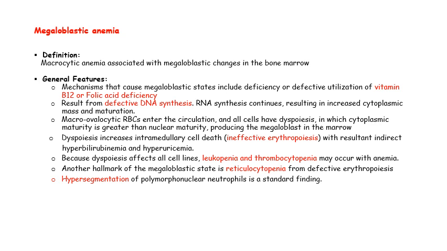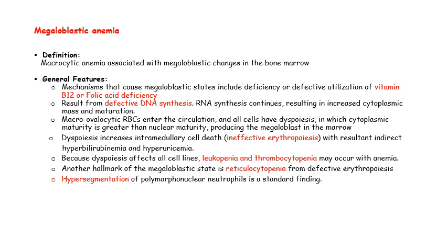Megaloblastic anemia, by definition, means macrocytic anemia associated with megaloblastic changes in the bone marrow. The general features of megaloblastic anemia: the mechanism that causes megaloblastic states includes deficiency or defective utilization of vitamin B12 or folic acid.